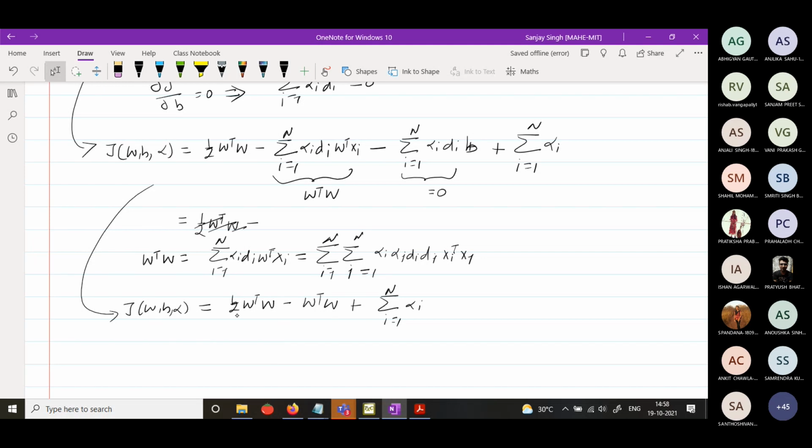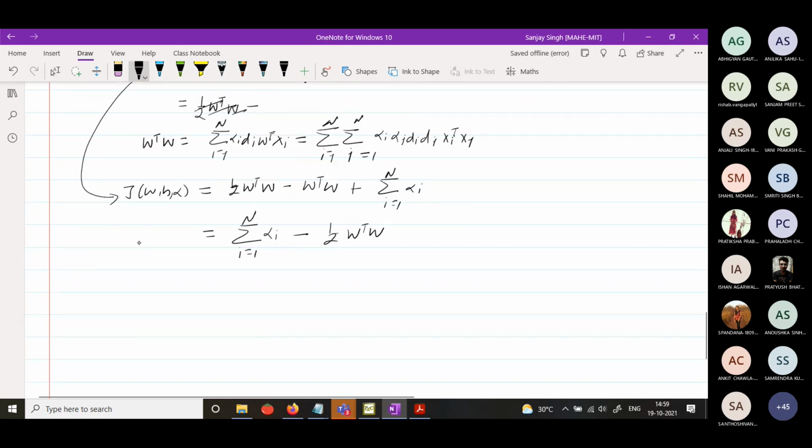Now half minus 1, so I can write this in this particular fashion: summation i equal to 1 to n alpha i minus half w transpose w. So this gives us another objective function, which we are calling Q, and which is now a function of alpha only.